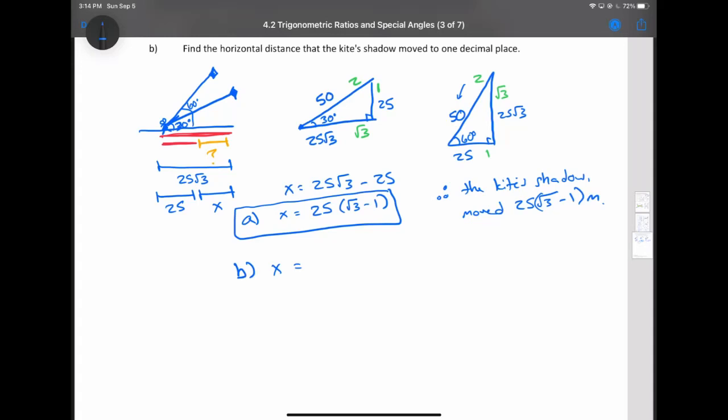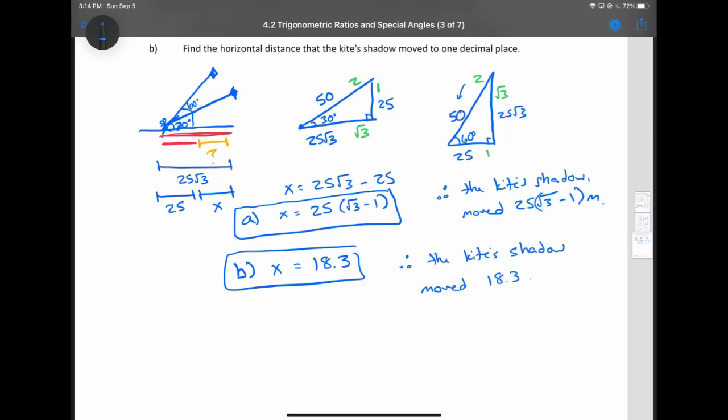I type in root 3 minus 1 to get 0.7 something, multiply it by 25, and my answer to 1 decimal place is 18.3. And my answer to that one will be, therefore, the kite's shadow moved 18.3 meters. A much better answer.